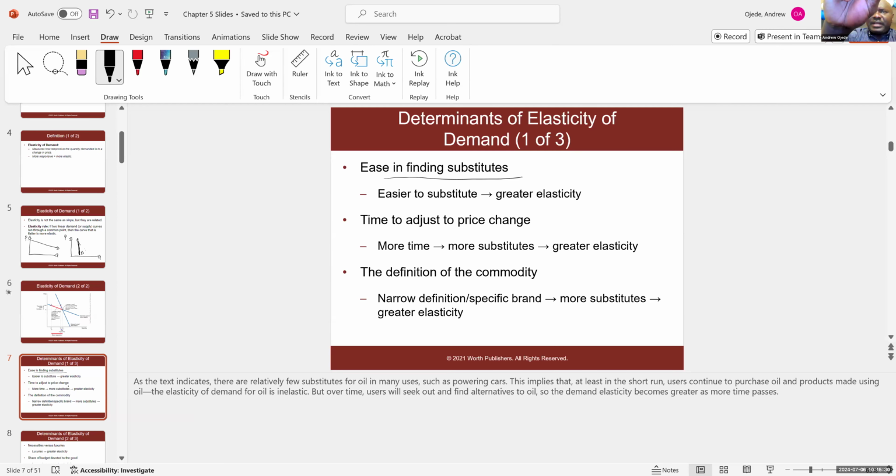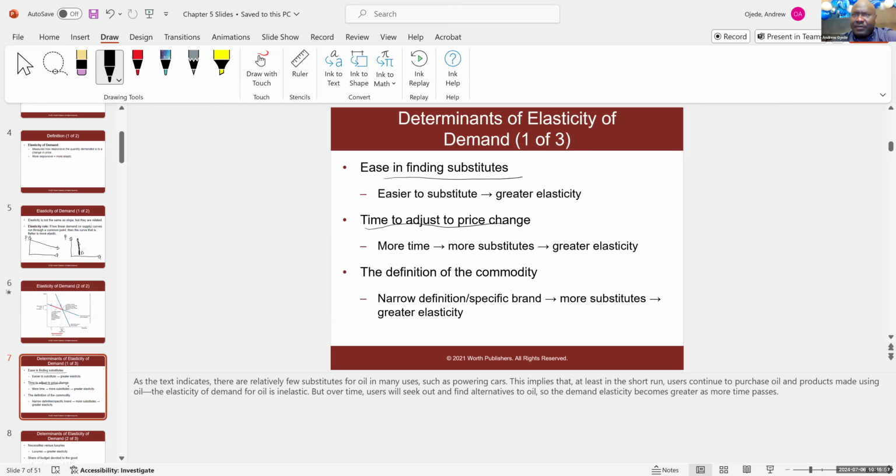The second factor which determines whether the good has elastic or inelastic demand is time to adjust to price change. When you give it a little more time, that means we have more substitutes. That's greater elasticity, right? But if time is limited, then sometimes you don't have time to adjust. And then also we're going to talk about the definition of the commodity.